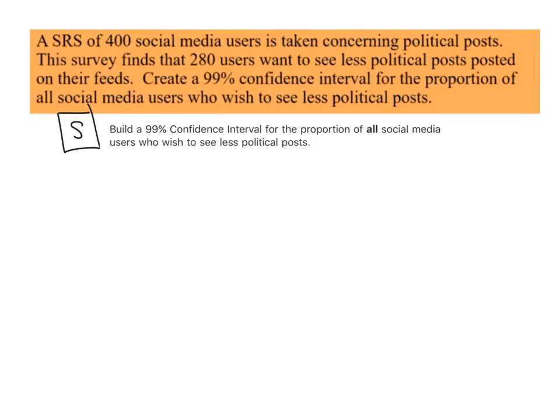All right, the next piece of this is, remember, plan. Well, we had a simple random sample, so that's good. 400 was our sample size. That's definitely less than or equal to 1/10 of all social media users. I'm going to use some abbreviations just for time.